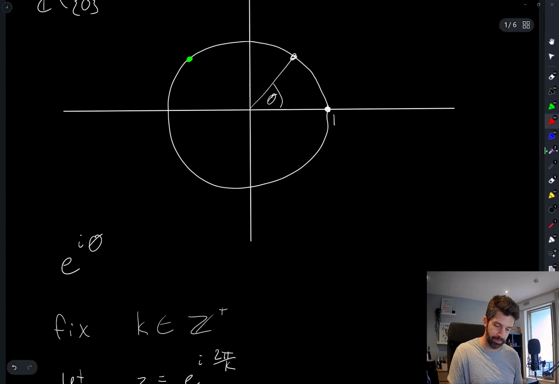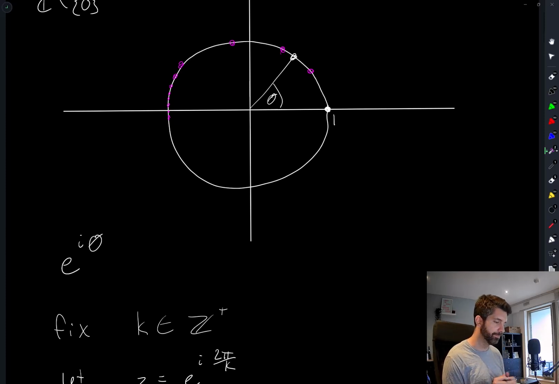So if I have a sequence of points on the complex circle which converge to something, then the limit must also be in the subgroup, because otherwise it's not compact. And it has to be rotationally symmetric.